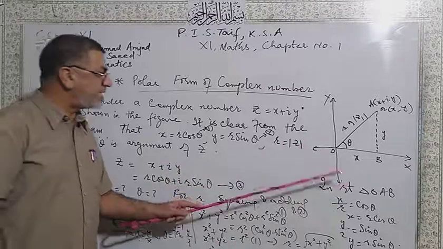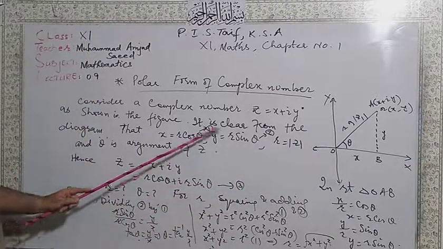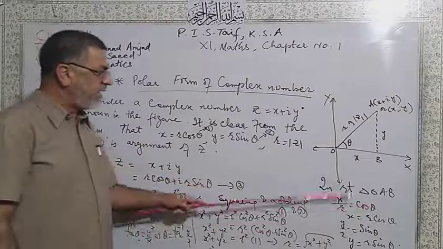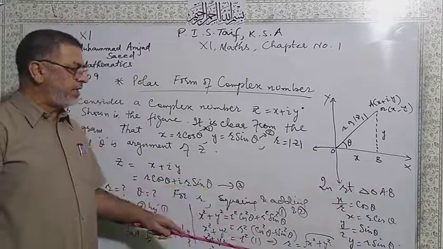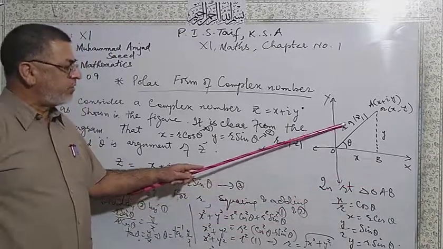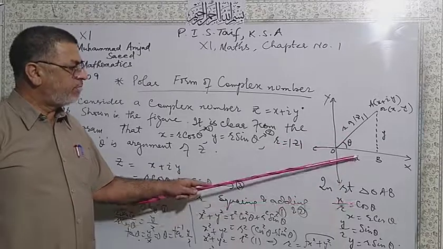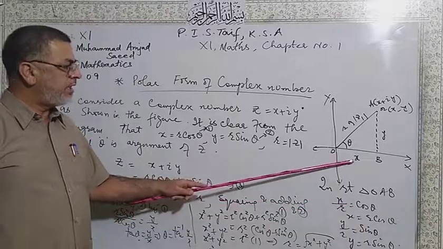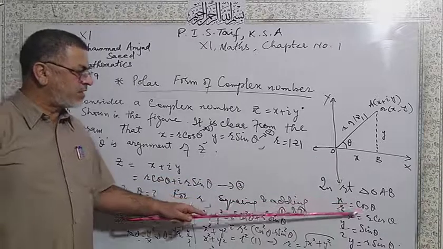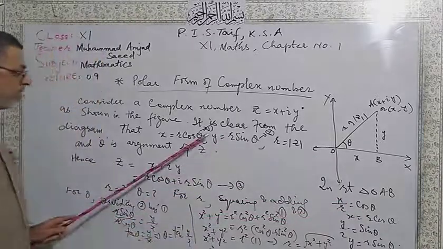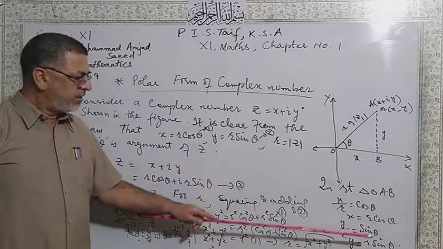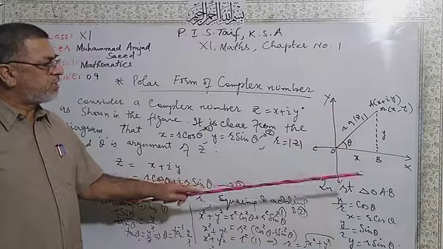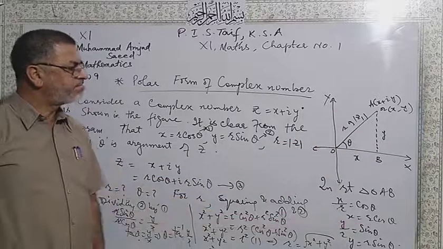How did we get x is equal to r cos theta, y is equal to r sin theta? You can check from here. In right triangle OAB, base over hypotenuse is equal to cos theta. It means that x over r is equal to cos theta, so x is equal to r cos theta. Similarly, perpendicular over hypotenuse is equal to sin theta.